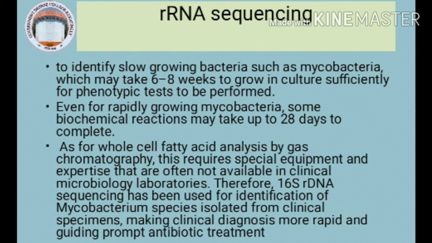In many situations, such as diagnosis of culture-negative infections and detection of uncultivable bacteria, this method is preferred. In many situations, 16S ribosomal DNA sequencing is the ultimate solution to identify the causative agents of infectious diseases caused by rarely encountered bacteria.